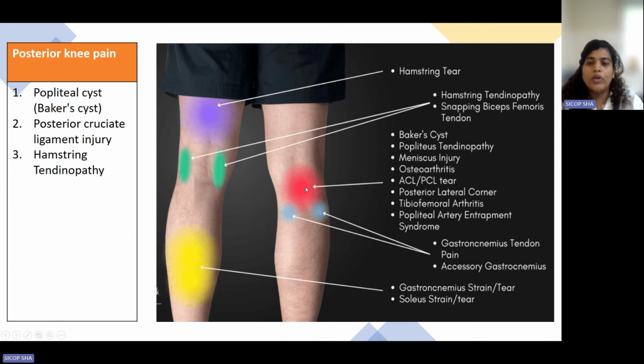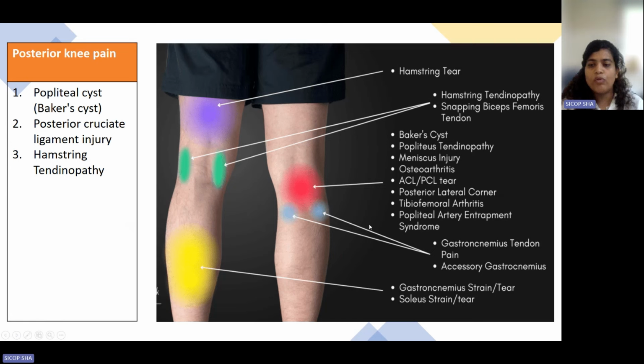Then over the proper posterior of the knee, there are chances of Baker's cyst, popliteus tendinopathy, meniscal injury, or a PCL tear, then tibiofemoral arthritis. Sometimes tibiofemoral arthritis pain is also referred to the posterior side, on the inferior part below this.